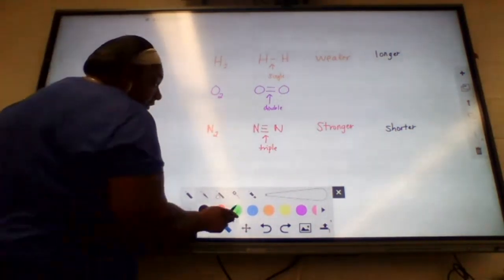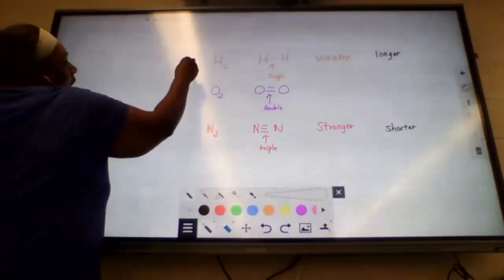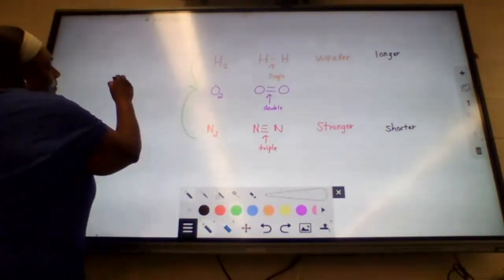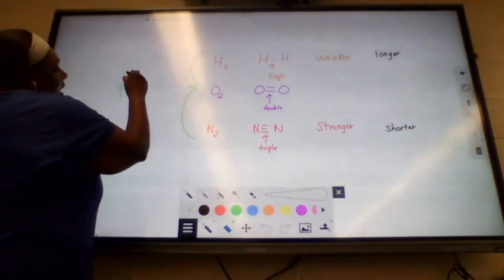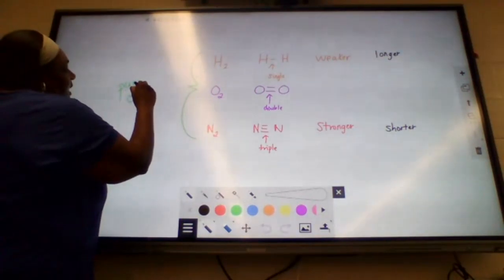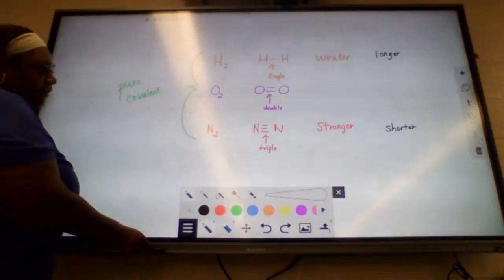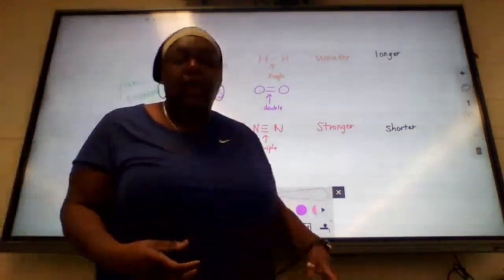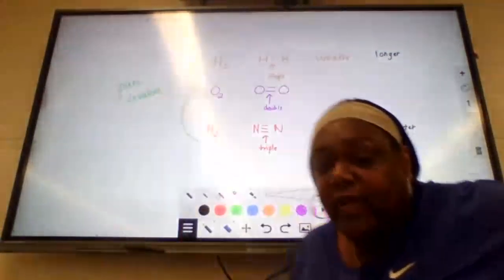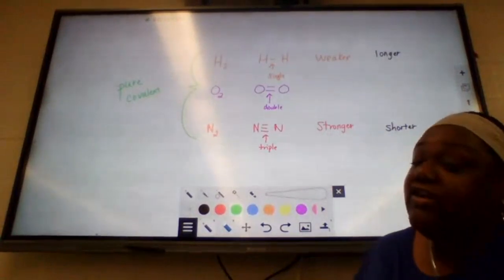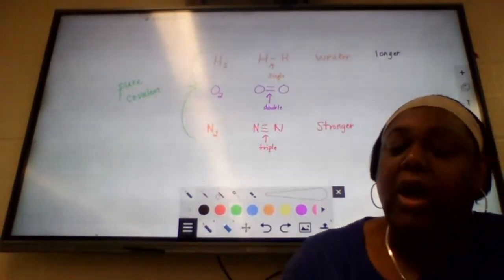Now, all 3 of these examples you see here are examples of pure covalent bonds. What does it mean to be a pure covalent bond? It means that the electrons being shared between those atoms are being shared evenly.